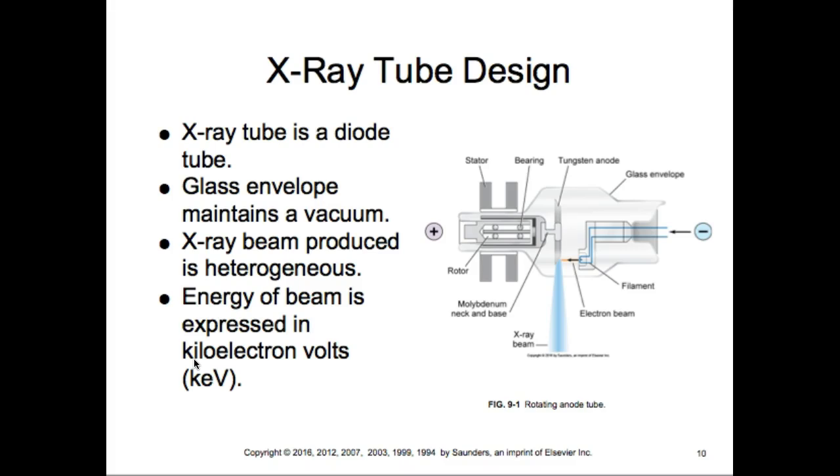If you dial up 70 kVp, you're going to have anything from basically 0 all the way up to 70. You will not have more than 70 because that's the maximum, but you're going to have a huge spectrum of different energies within your beam. So it's not homogeneous, it's heterogeneous. The X-ray beam is expressed in kilo-electron volts, keV.